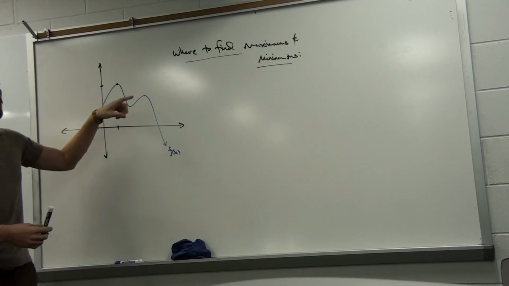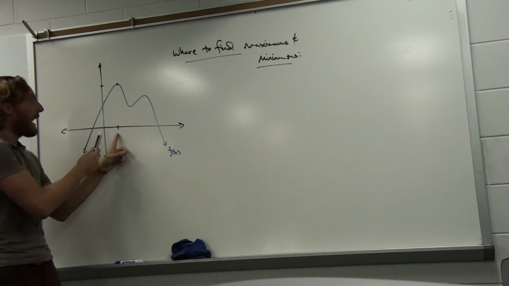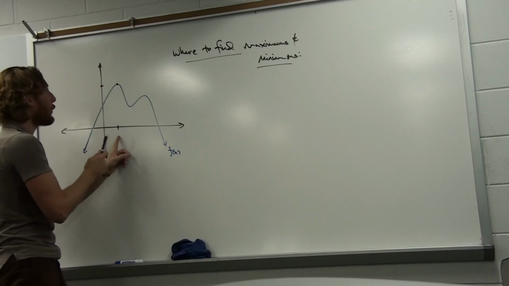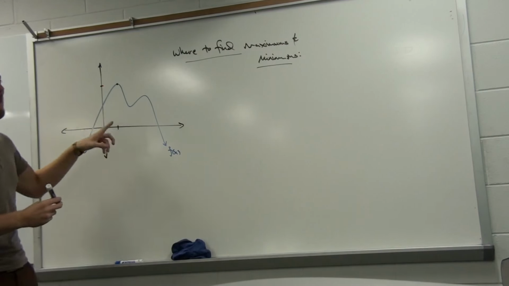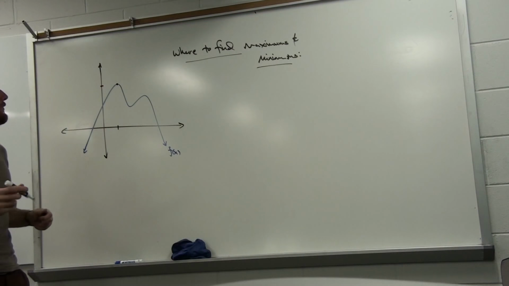Well, if this is your profit function, it would be very interesting to know how many units you would sell here, because this number of units sold would lead to the maximum profit. If this was your bank account over time, this would be the time corresponding to the most money made.